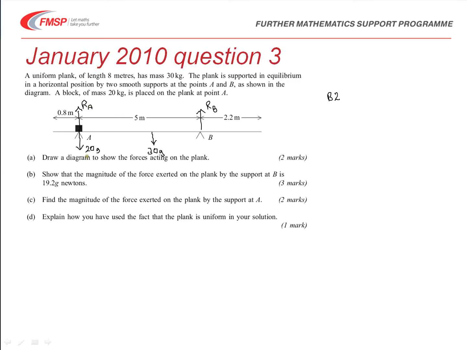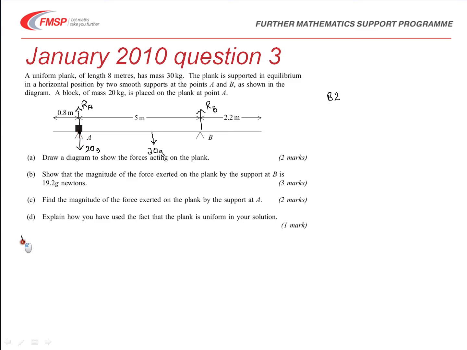Key thing here then is to use moments, because if we choose an appropriate point about which to take moments, then the fact that we do not know RA will not matter if we choose A as the point about which to take moments.